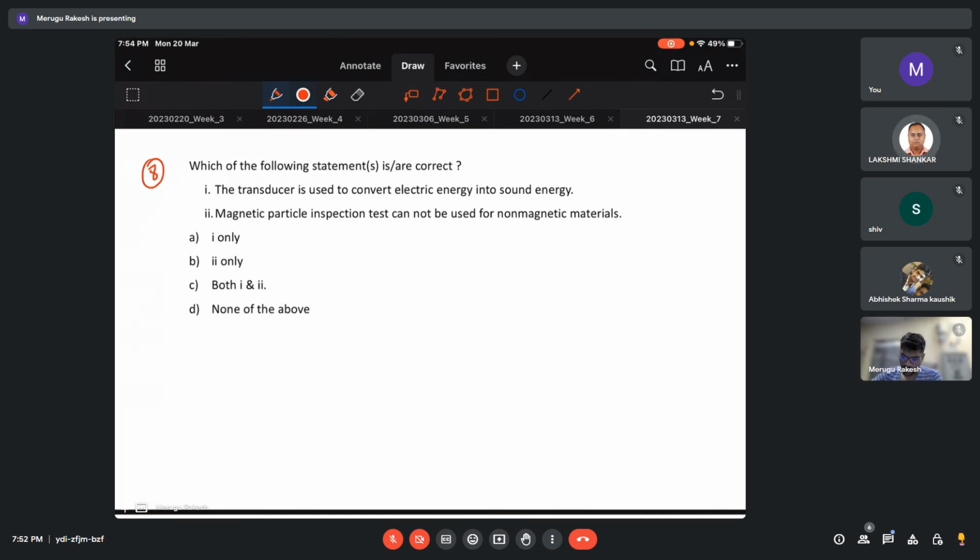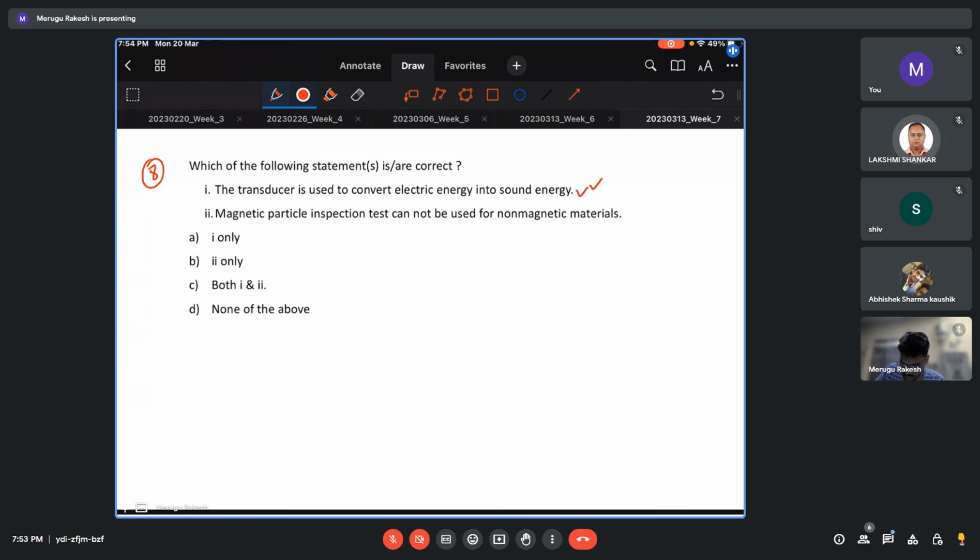D. Let me read. The transducer is used to convert electrical energy into sound energy. That is true, and it can be the other way also. Then, magnetic particle inspection cannot be used for non-magnetic materials. That is also true.